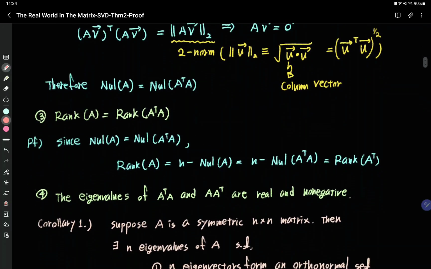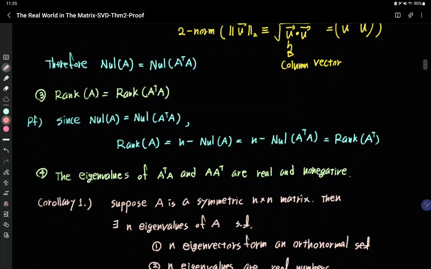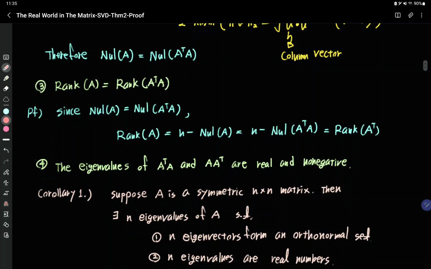Third statement: the rank of A is equal to the rank of A transpose A. It means that the number of pivot columns in A is equal to the number of pivot columns in A transpose A, and there are a lot of equivalent statements. But for the rank, please watch the video on the inverse matrix.